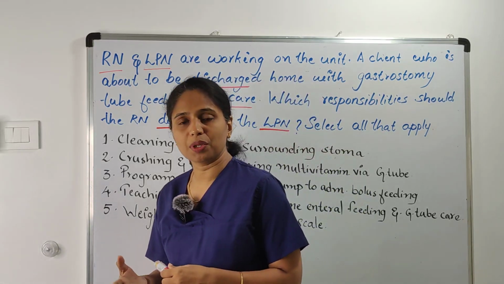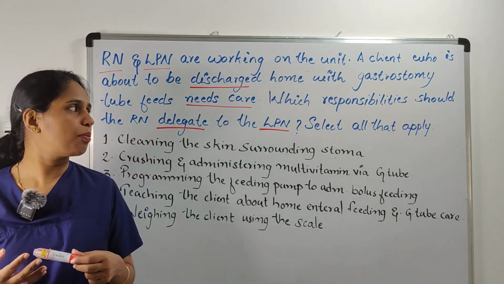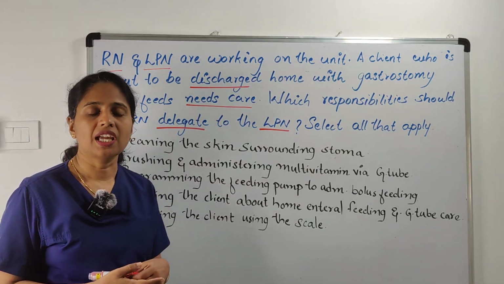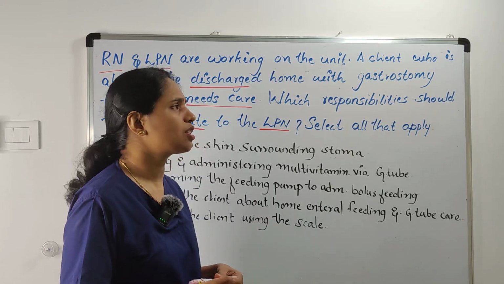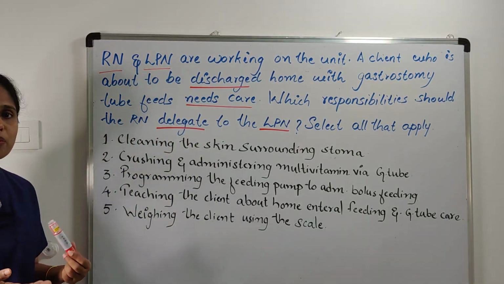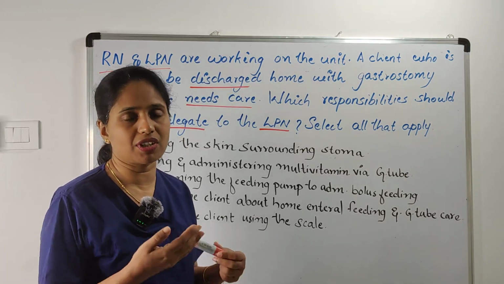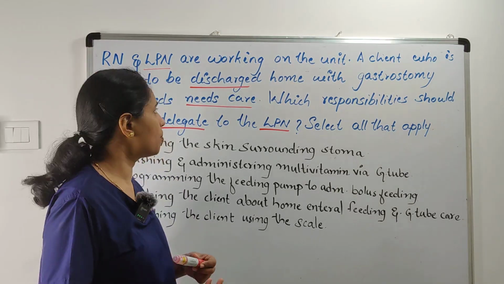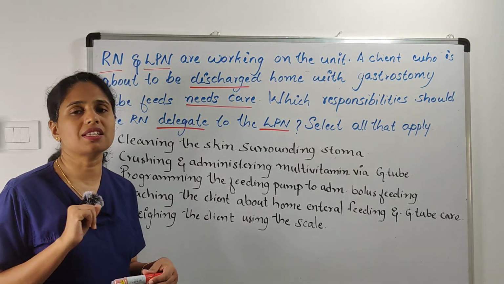Whereas the LPN can administer oral medication and complete all basic needs of the patient. They can assist the registered nurse with all procedures, ambulate the patient, monitor the vitals, and record everything they normally perform. So these are the job responsibilities of the RN as well as the LPN.